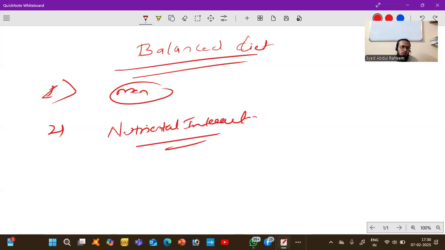For example, absorption of vitamin D can be influenced by vitamin K, and iron can affect the absorption of calcium and zinc. If you take iron, calcium, and zinc at a time, what will happen? Calcium absorption will reduce, and zinc absorption will be reduced. So this is not explained in this diet chart.